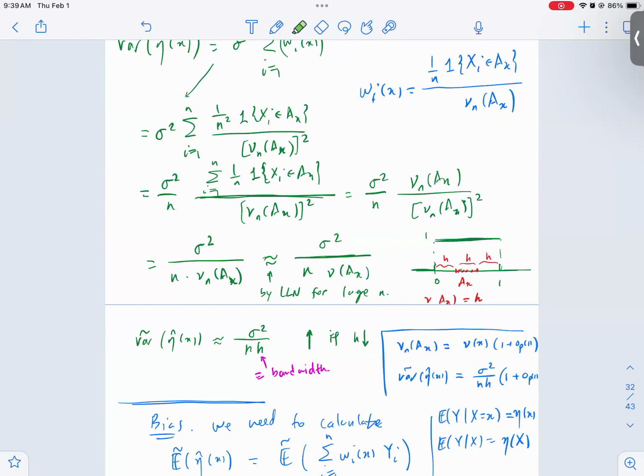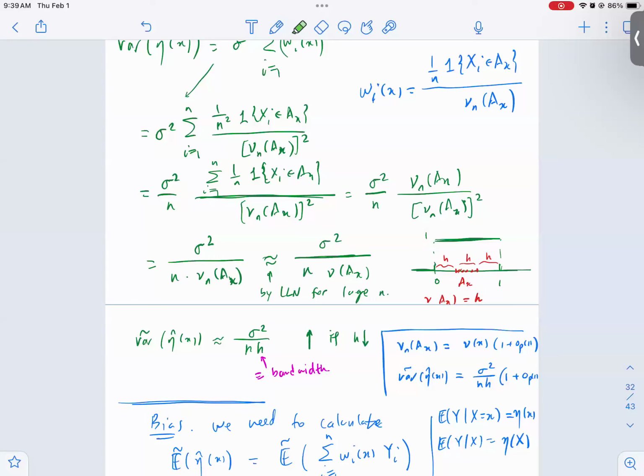Under that assumption, the variance ends up being sigma squared over n times the empirical distribution applied to the cell of the partition that contains X, and that's approximately sigma squared over n times the measure of the set under the actual distribution. This happens by the law of large numbers.